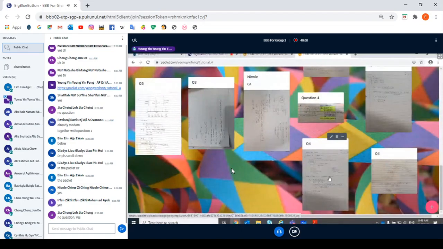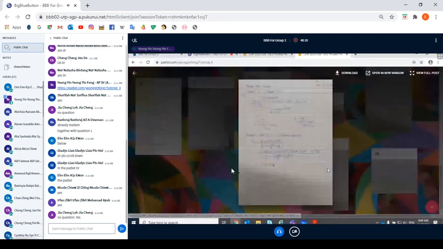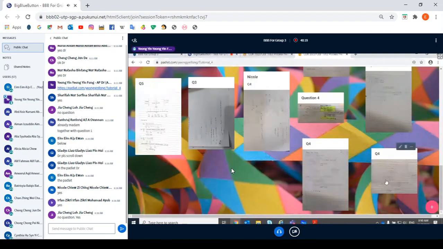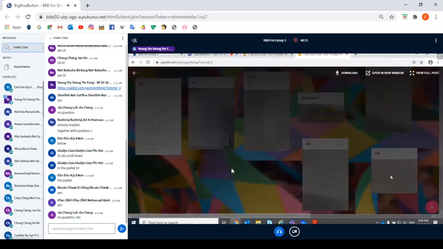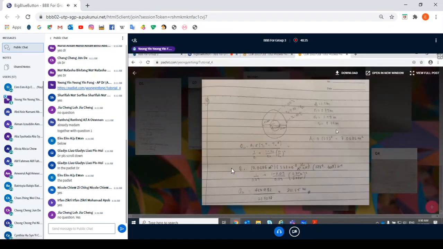Okay, next one. Yeah, correct. Correct. Okay. Maybe some of you would like to determine the surface area first straight away, that also can. Okay, good. Okay, that's good.